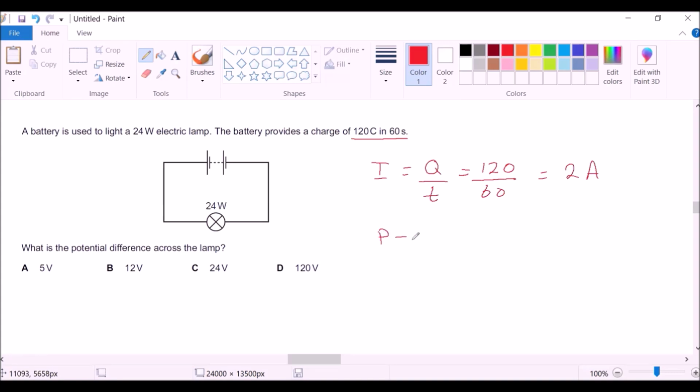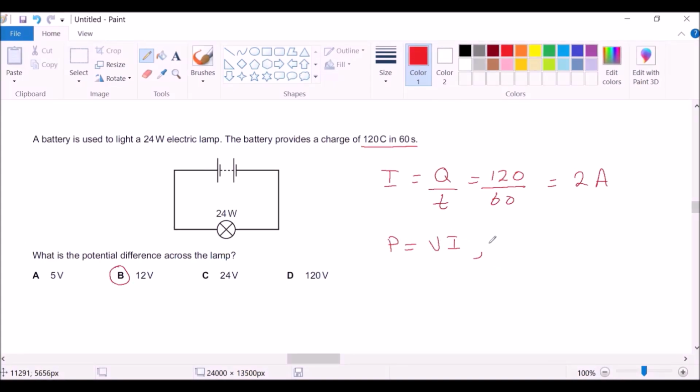Power is equal to voltage times current. Making voltage the subject of the formula, V is equal to power over current, which is 24 over 2, which will give us 12 volts. So our answer is B, 12 volts.